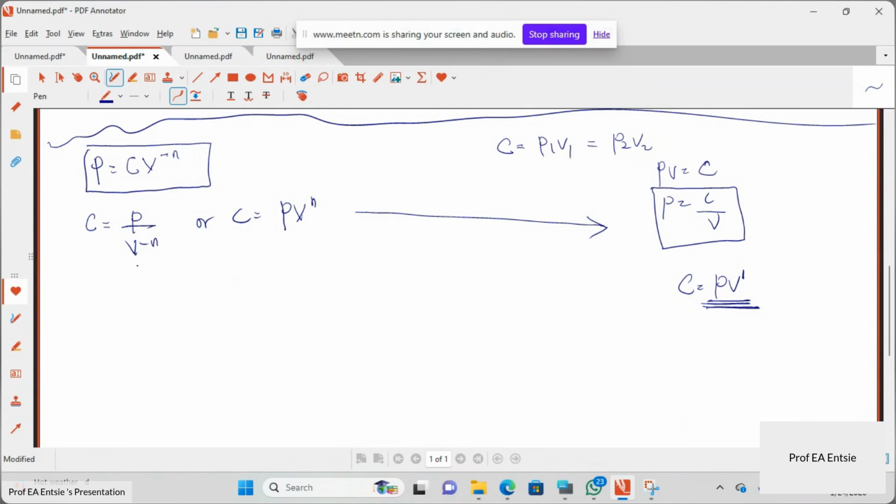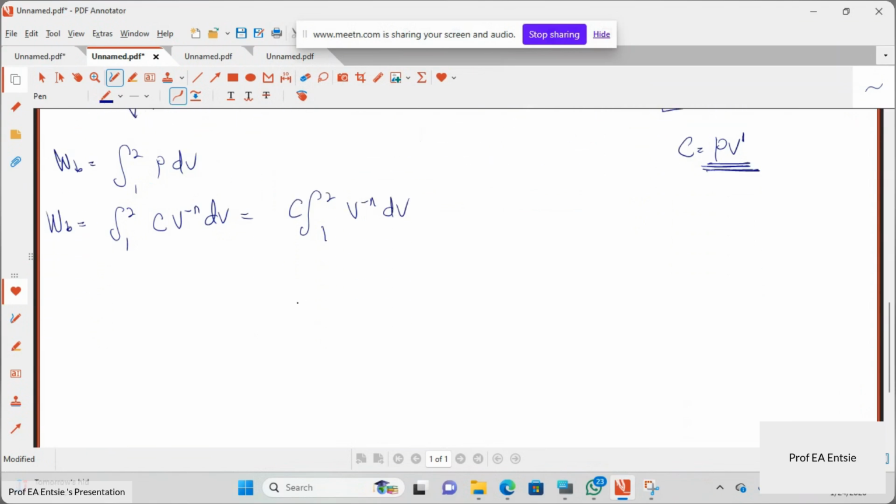But what is the case when n is not 1? So let's go with that. So work done by the boundary on a polytropic process will be boundary work done equals the integral from 1 to 2 of P dV. What is P? P is nothing more than C times V exponent negative n, dV. But since C is constant, I will pull it out. Integral from 1 to 2 of V raised to the power negative n, dV. This is very simple.